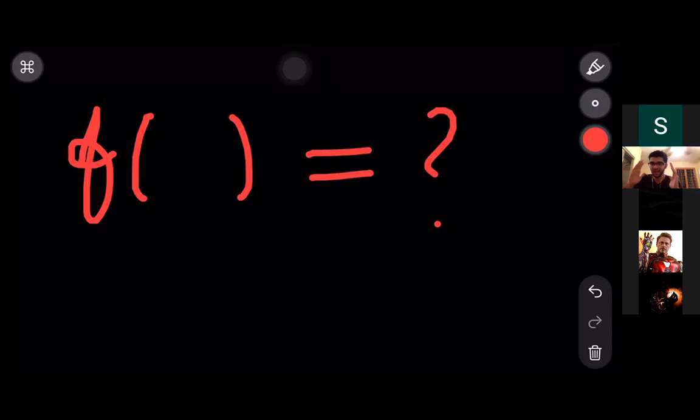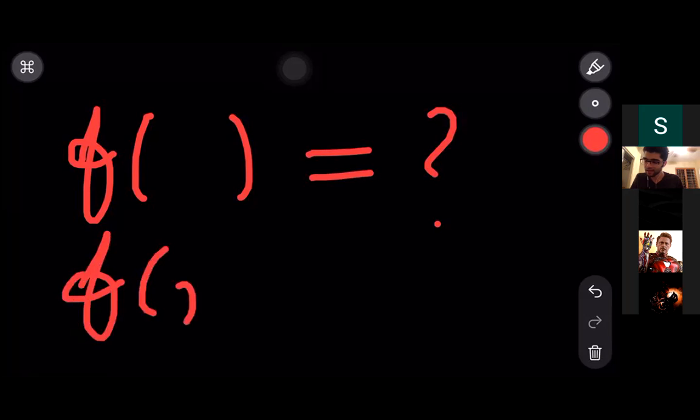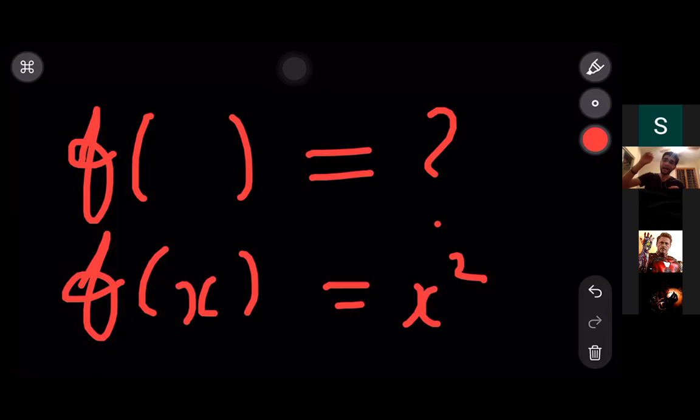You have to decide the whole thing. For every number, what is the output? So for example, the previous example which I gave you is f of x is x squared. Simple enough, right? You give a value as an input, that is x. The function acts on this x, and it gives an output which is x squared.